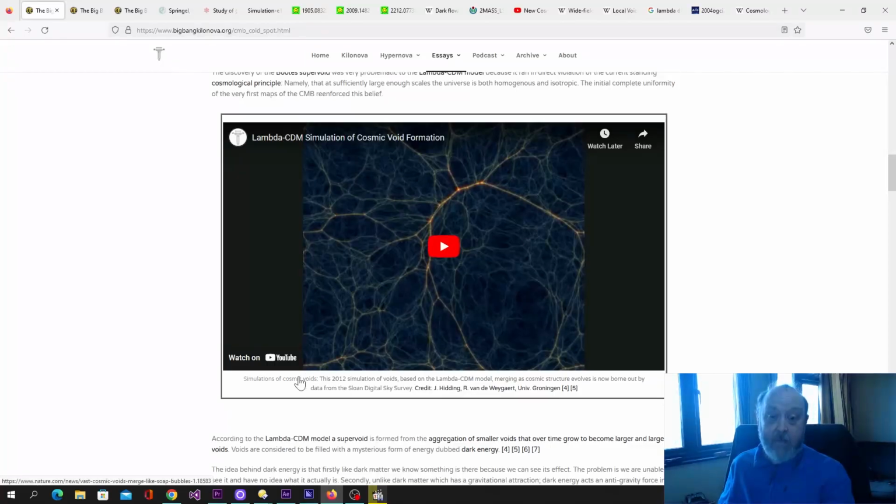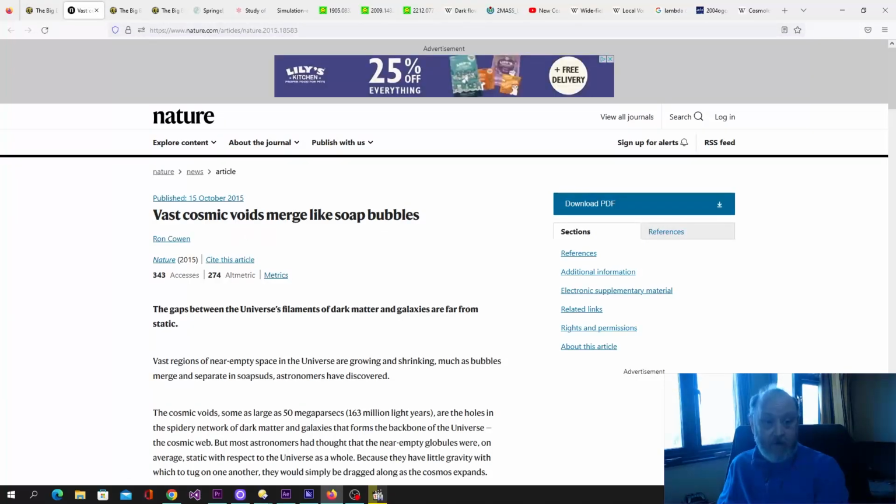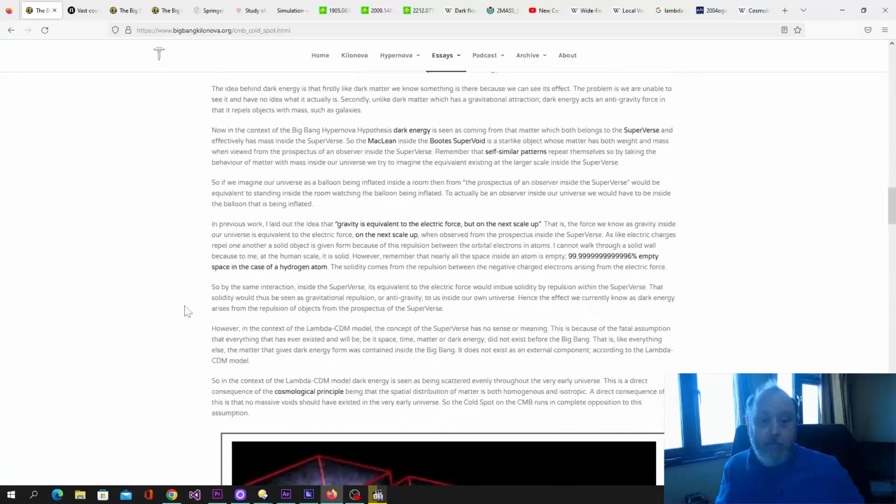So that particular animation we were looking at earlier is coming from this particular paper here: Vast cosmic voids merge like soap bubbles.